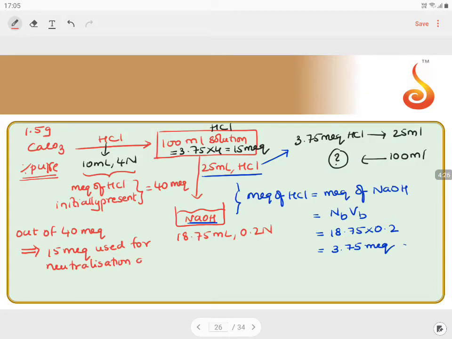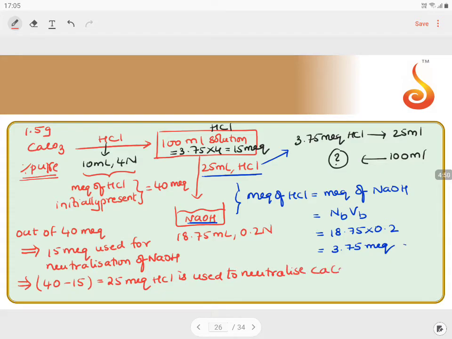Then the remaining, 40 minus 15, which is 25 milliequivalents of HCl, is used to neutralize the CaCO3 solution.